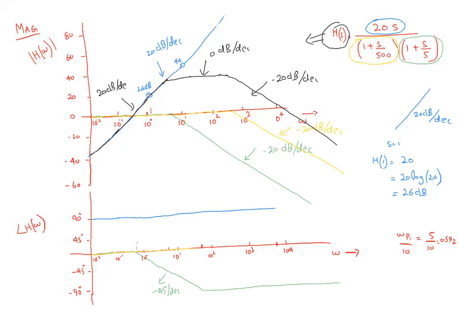So 50 पे आने के बाद क्या करेगा? It will ramp down to the point here, minus this one. ठीक है? अब यहाँ से क्या हो जाएगा? -45 degree per decade.